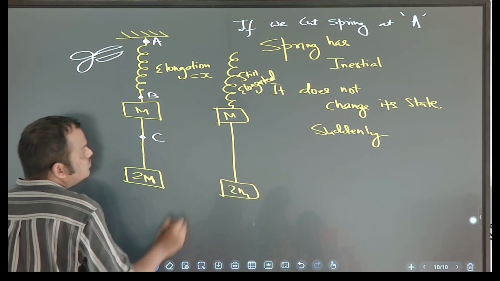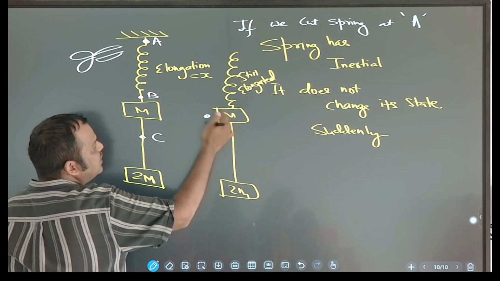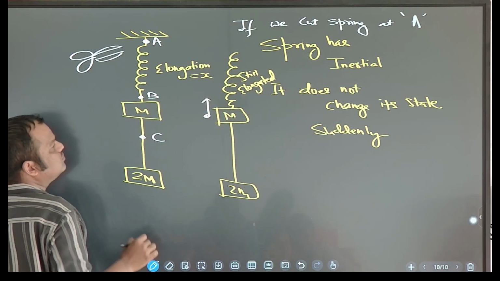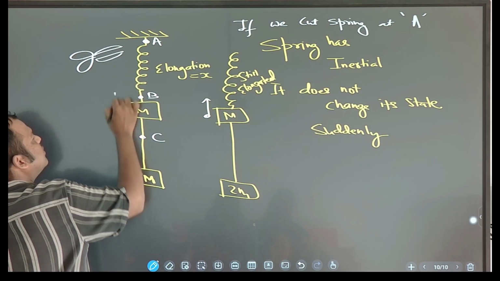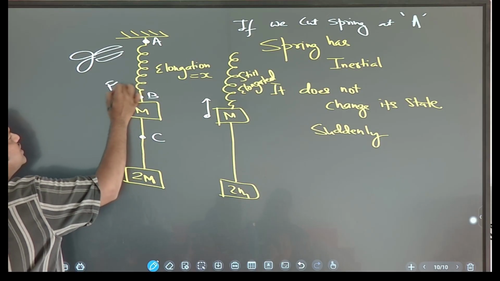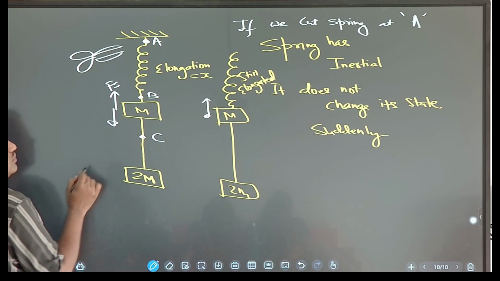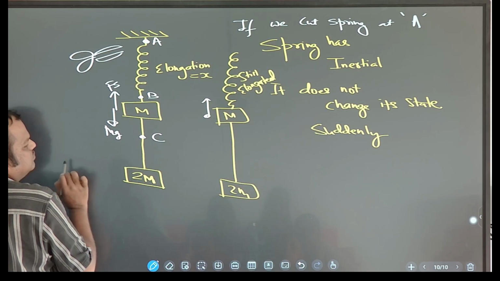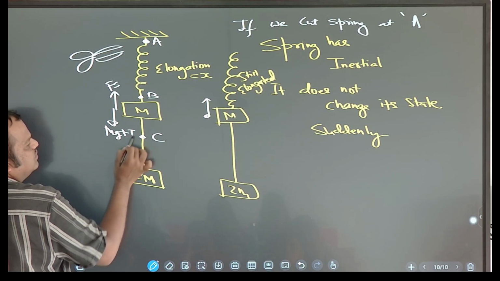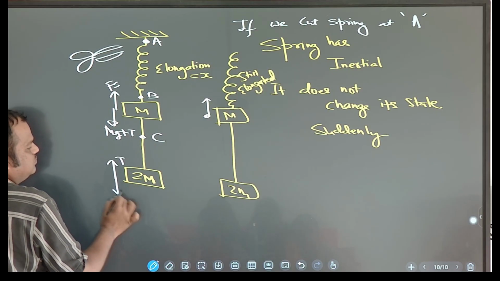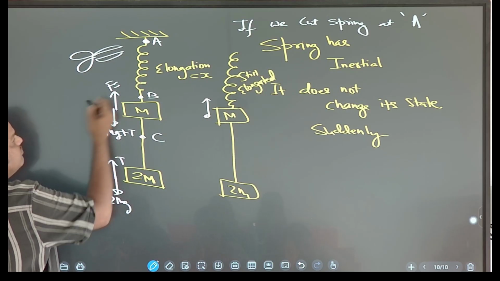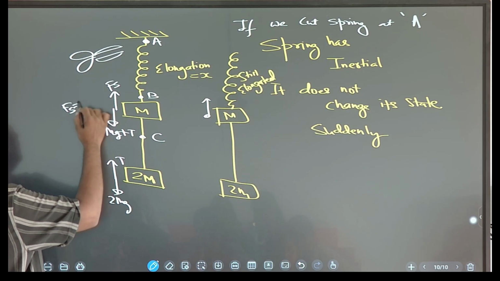So what is the force on M? Upward, same as before. How much Fs before? Tell me. Mg plus T, and T is equal to 2mg. So what is Fs? 3mg.